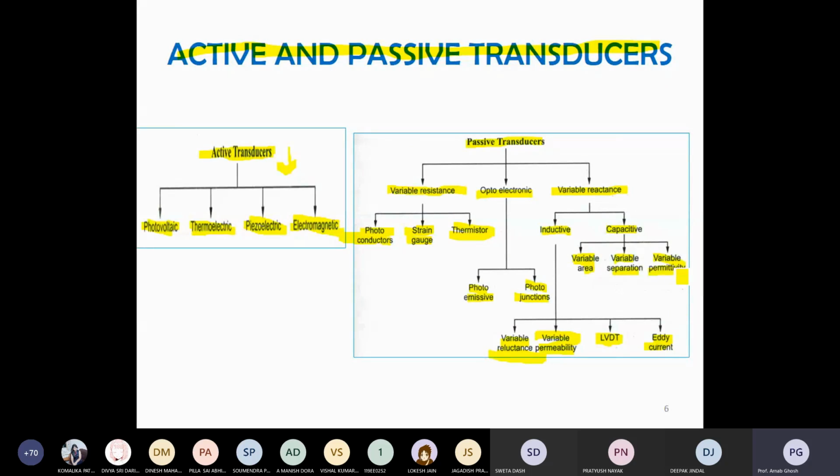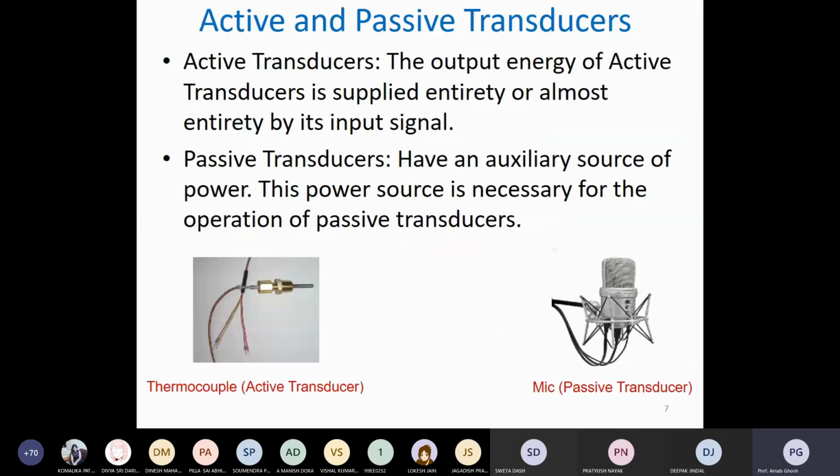Variable permeability is all related to the change of the capacitive nature of your capacitive type passive transducer.